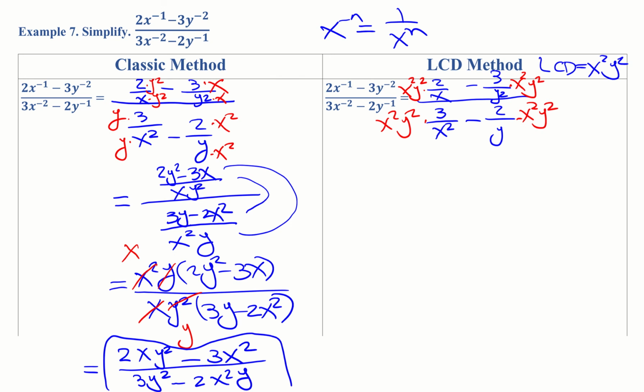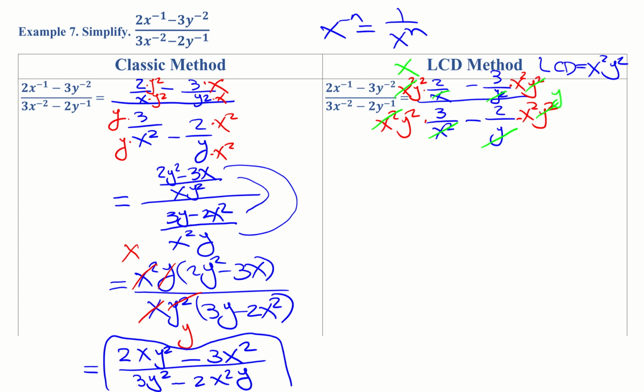Now we cross cancel. So we know that x goes into itself once down there, and then x times on the top. Y squared cancel this y squared completely. Down below, this x squared cancels that x squared completely. Y goes into itself once into y squared y times.